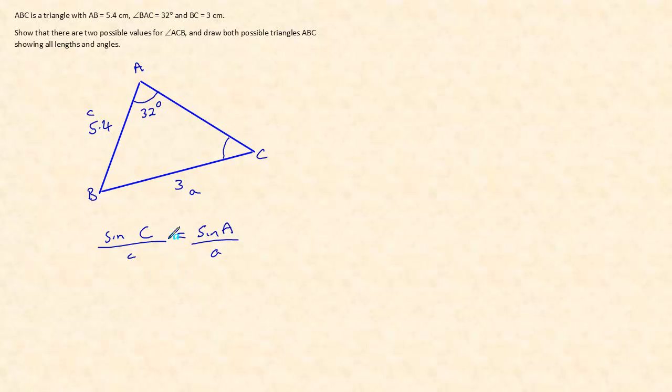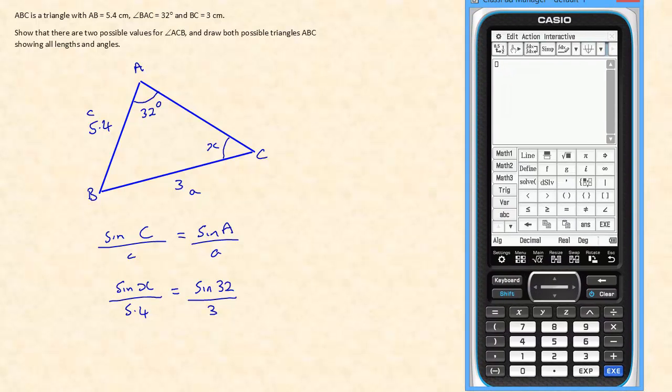So, let's just call this x or something. So we can say sine x over 5.4 is equal to sine 32 over 3.